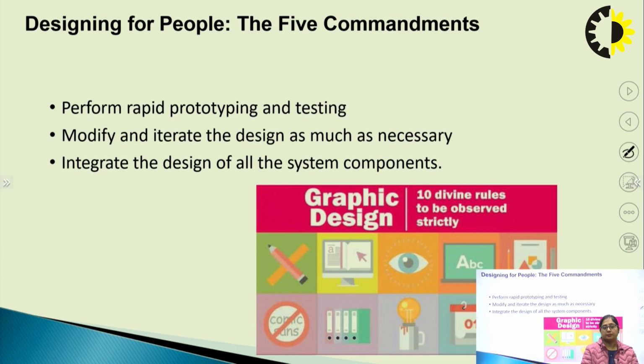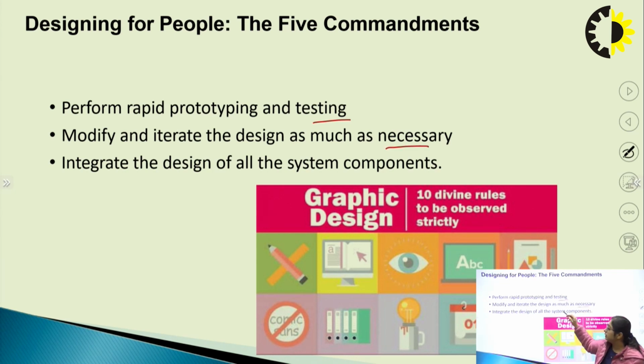Designing for people, so perform rapid prototyping and testing, because you are designing for people. People will tell whether it is good or not. That's why you have to perform rapid prototyping and testing. Prototyping means, take the initial prototype, then retest, and finally if there is a need for changes you have to improve the prototype, and modify and iterate the design as much as necessary.